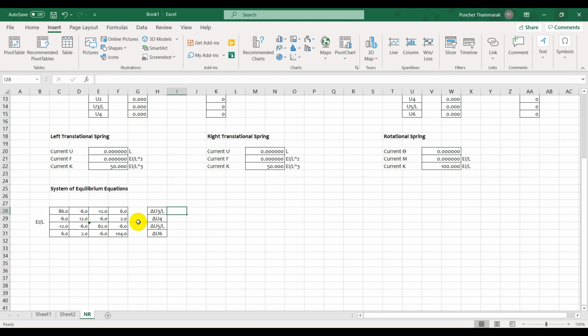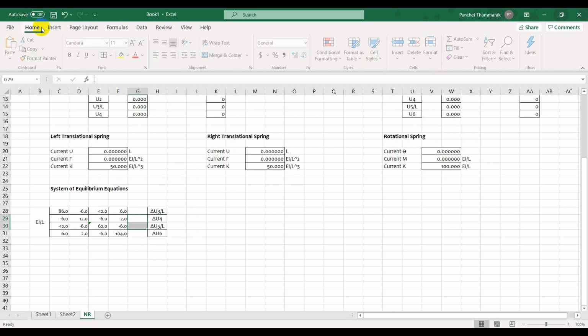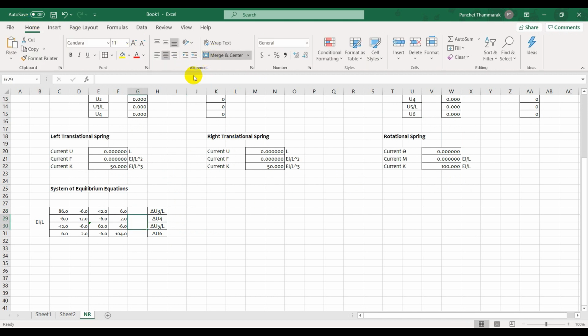Right. This multiplied by EI over L multiplied by this all equal to the force vector on the right hand side.